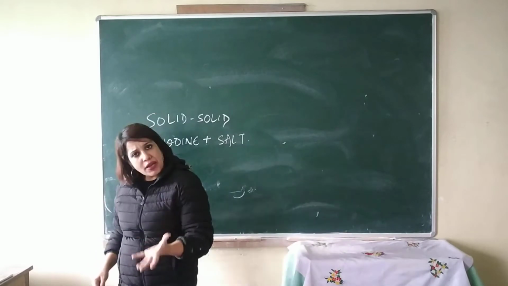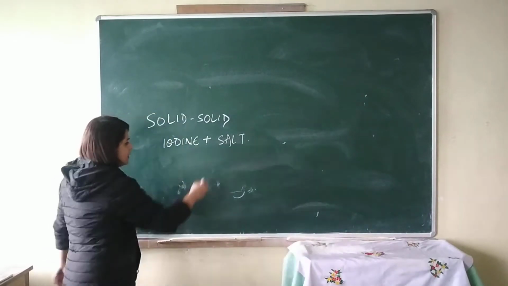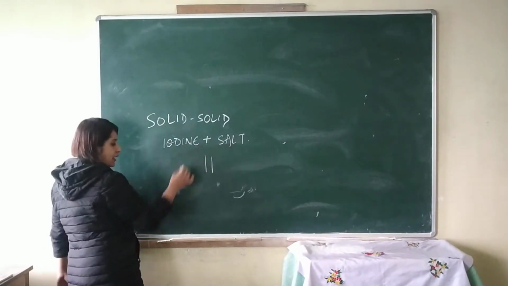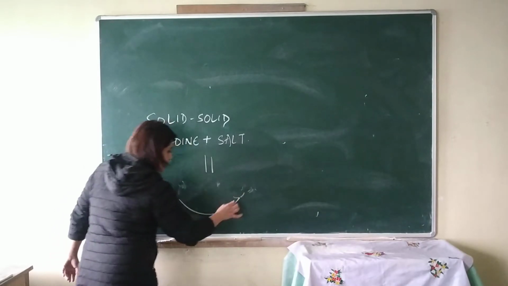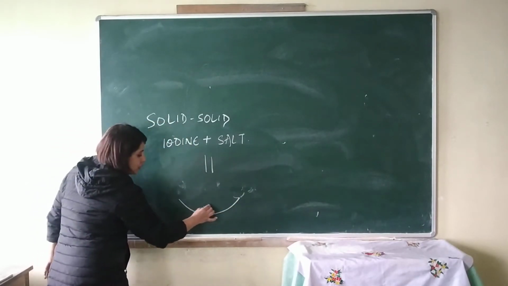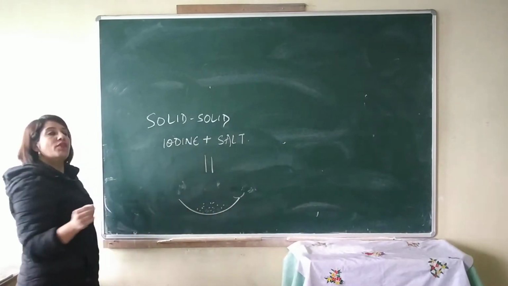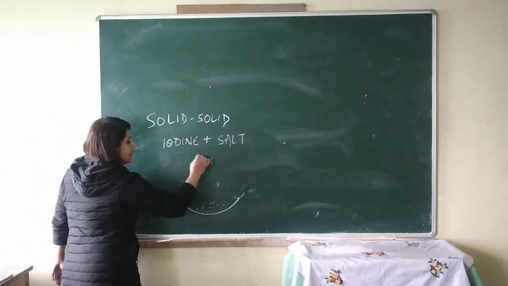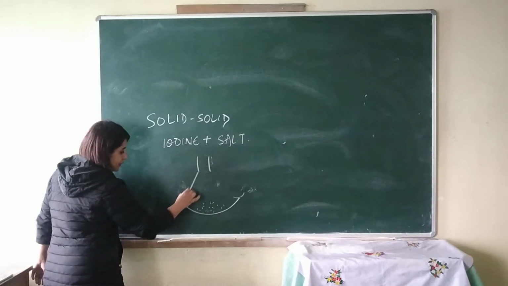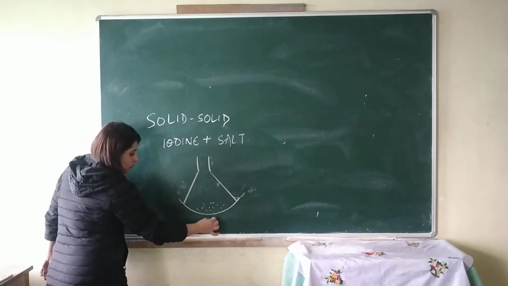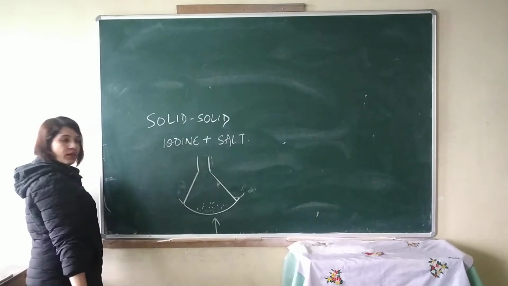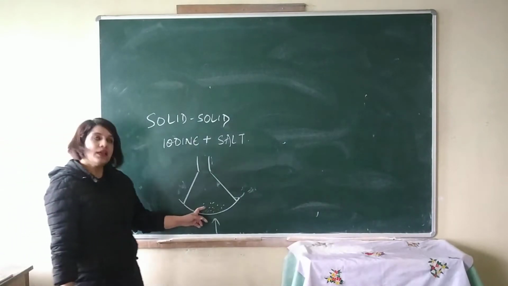So since iodine sublimes, the easiest method is by heating it. So we take an evaporating dish. We take the mixture of iodine and salt and then we cover it with a funnel. We heat it.